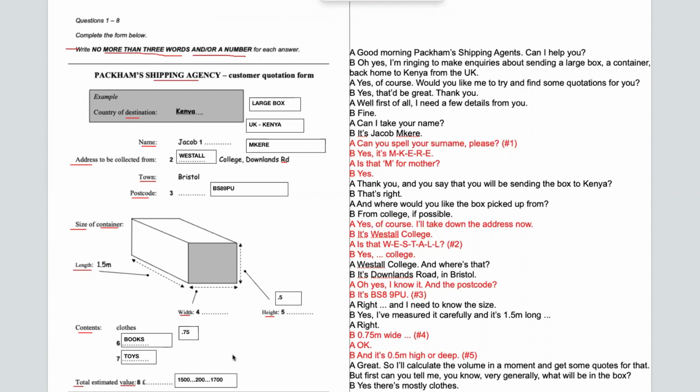Before we even start checking this, I just want to go over this last one here, the total estimated value. We'll look at the wording and the transcript later when we look at our answers, but you notice how there were 3 numbers here. Now, I wrote all 3 of these numbers just because I was taking notes and I didn't want to miss anything. But I know that only the last number was correct.